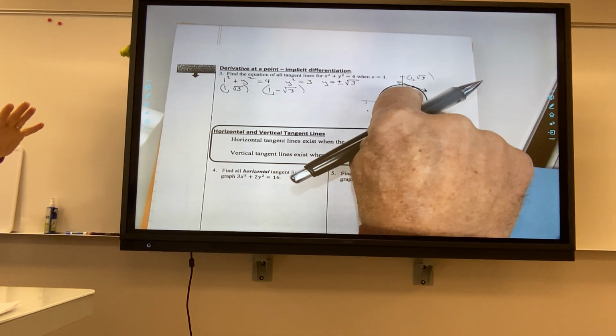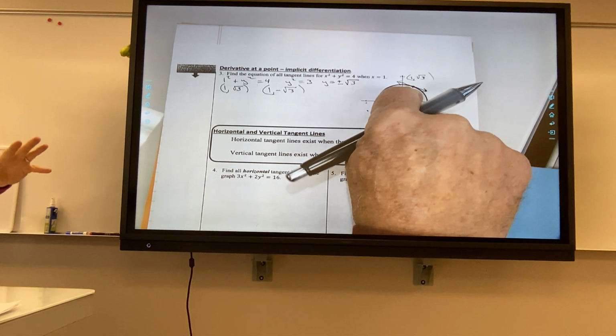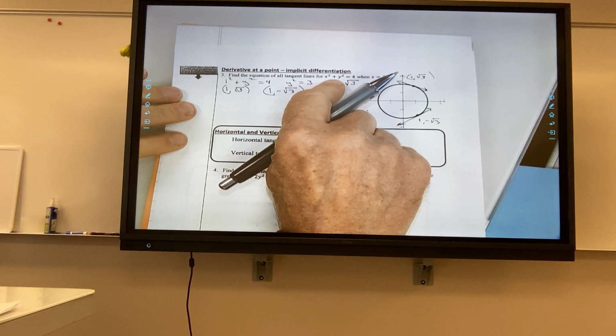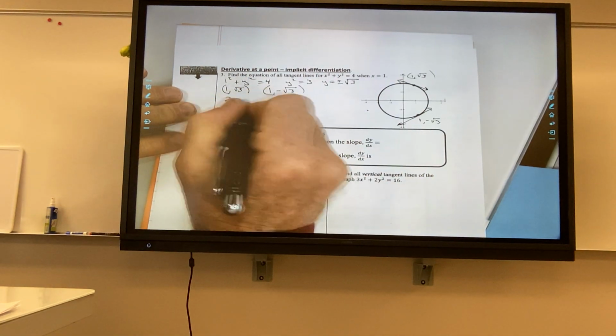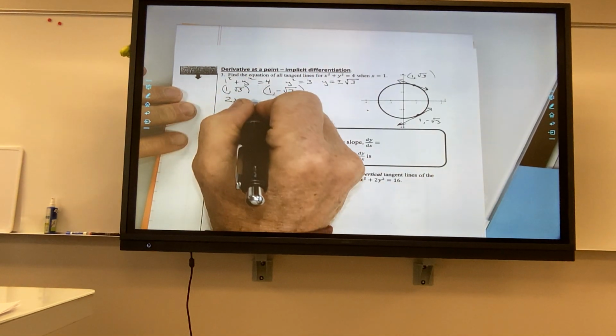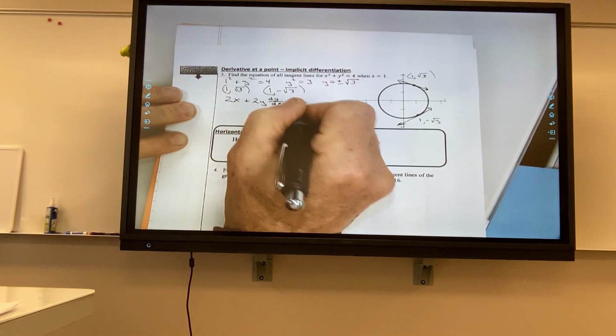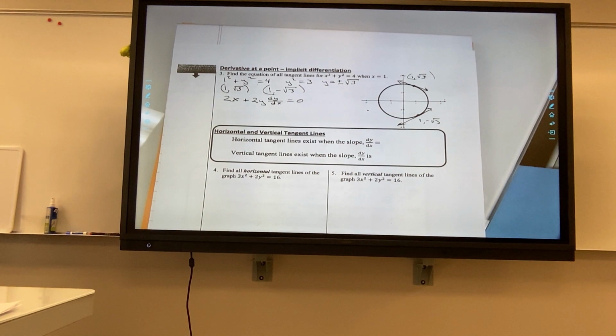So since I found the derivative, I'm gonna ask Matthew, walk me through how you took this derivative. I did x squared, which is 2x plus 2y dy over dx equals 0. Let's just pause. Everybody see where the 0 came from? Okay, then what did you do?